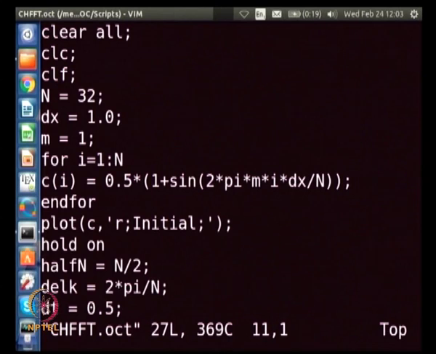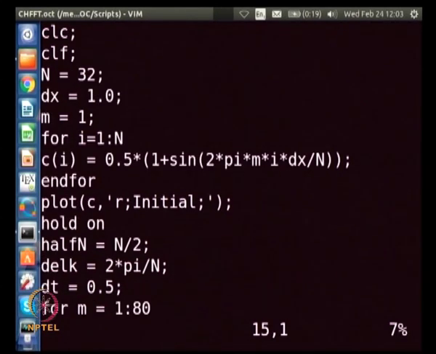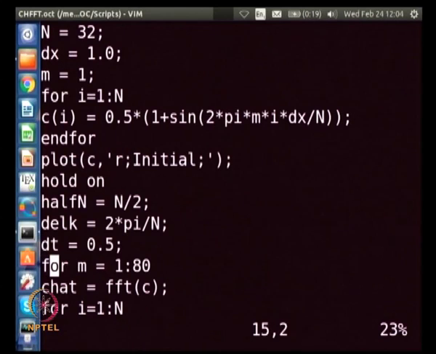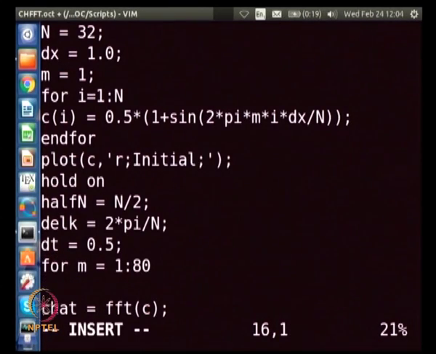I have plotted the initial profile and I said hold on, n, half n, then delta k I have defined, dt I have defined, and I go to the inner loop. The first thing that I have to do is define what we called G, so let us call it G. G is equal to 2 into C into 1 minus C into 1 minus 2C.